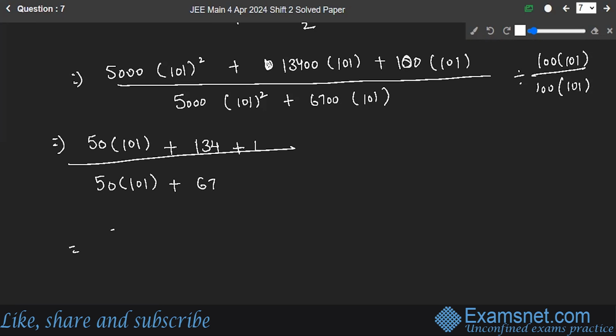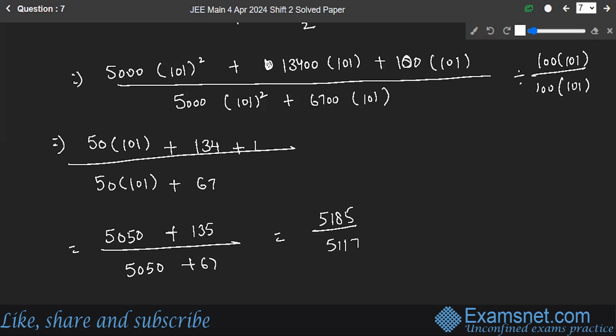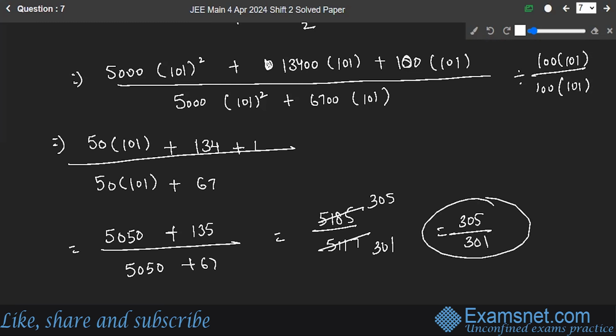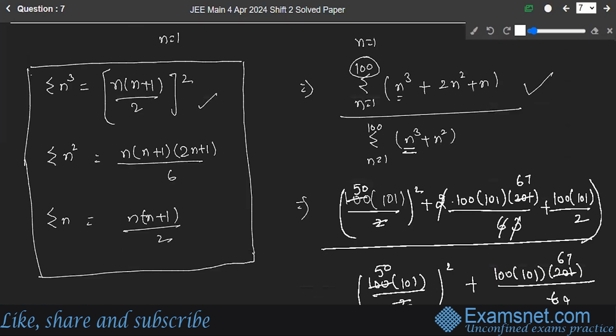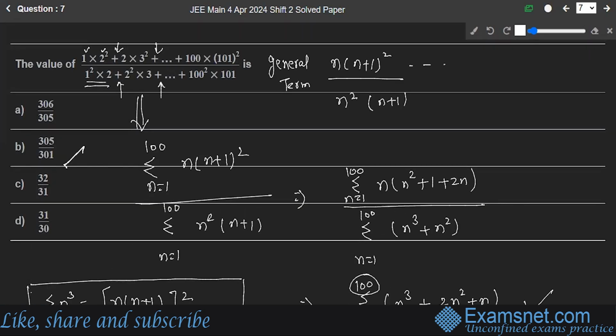So this is going to give me 5050 and 135, 5067, which is this number. So the common factor between them is 17. The numerator and denominator will be divisible by 17. The answer will be 305 divided by 301. This is the answer to the question, option B.